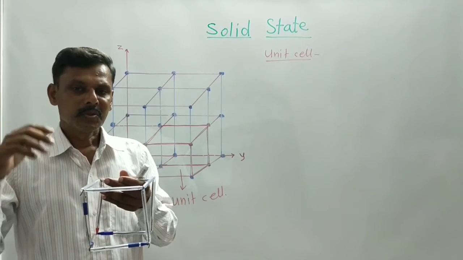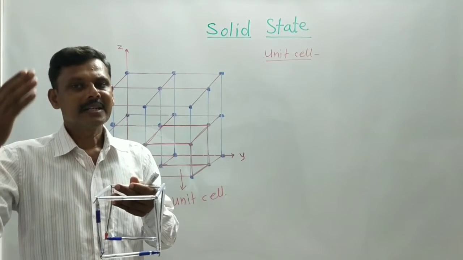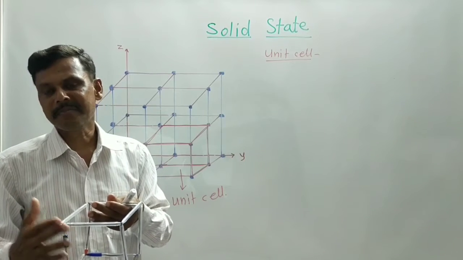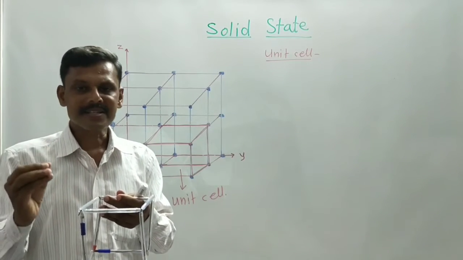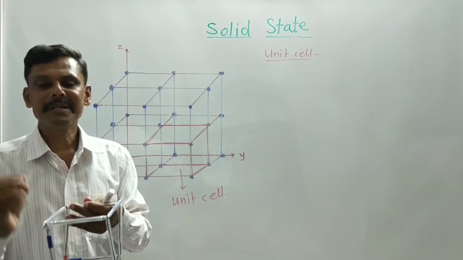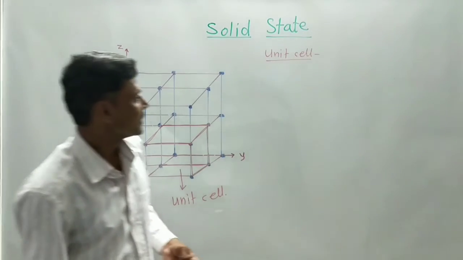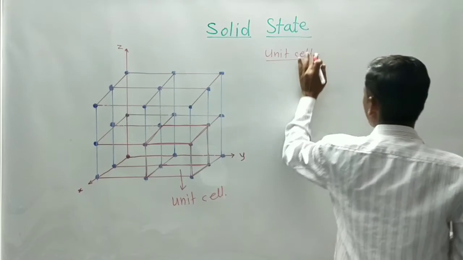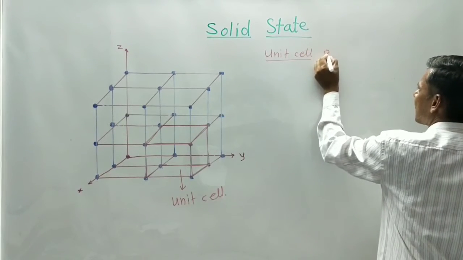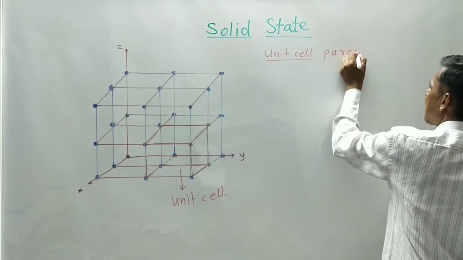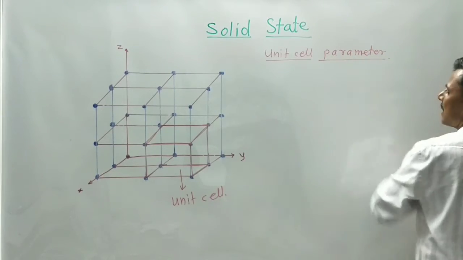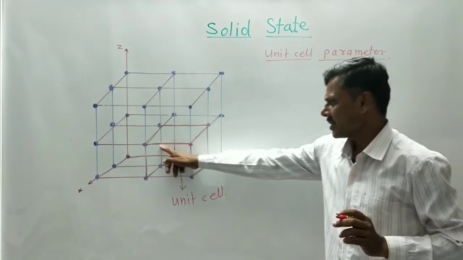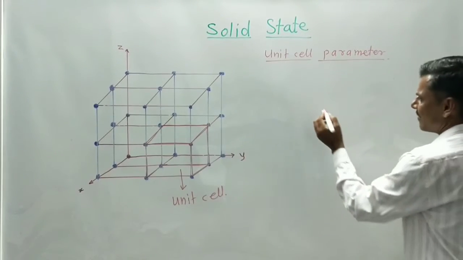So to understand our 7 crystal systems and the 14 Bravais lattices, let us discuss the parameters of the unit cell. So unit cell parameters. Let's have the smallest part. Let's take one unit cell.